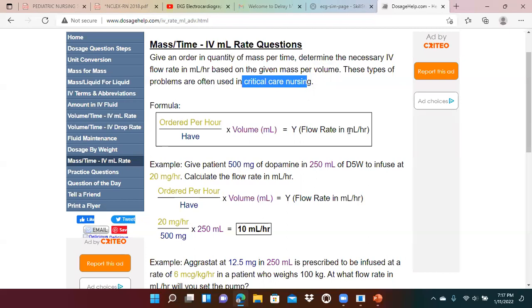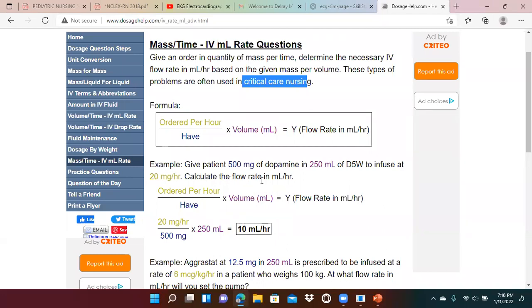So flow rate in ml per hour equals ordered per hour, divided by medication in hand, times volume in ml. Example: give the patient 500 milligram of dopamine in 250 ml of 5% dextrose in water to infuse at a rate of 20 ml per hour.